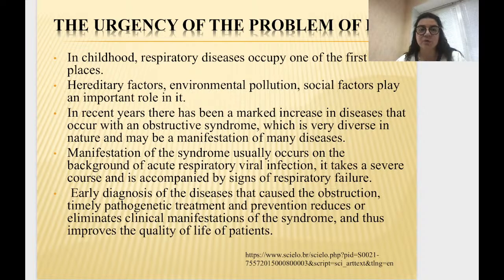Manifestation of the syndrome usually occurs on the background of acute respiratory viral infections. It takes a severe course and is accompanied by signs of respiratory failure. Early diagnosis of the disease that caused the obstruction, timely pathogenetic treatment, and prevention eliminate clinical manifestations of the syndrome and thus improve the quality of life of patients.